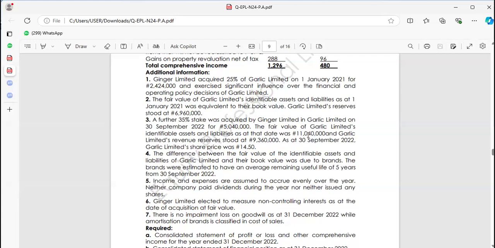On Sunday, we are going to run the class from 3 o'clock to 7 o'clock, 4 hours, to finish two topics: equity transactions and subsidiaries. Then we go to SBR questions from next week.